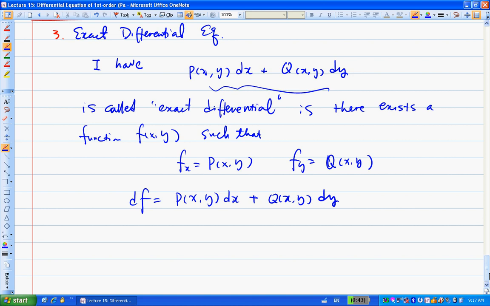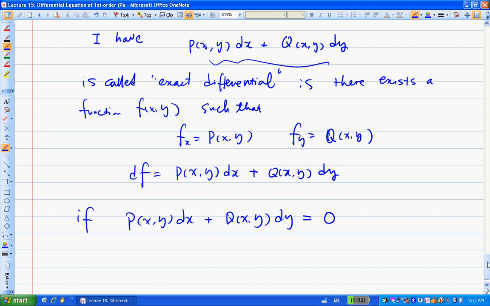So I'm going to skip examples. Now, in certain cases, we'll make it into a differential equation. If I have this guy equal to 0, the expression equal to 0, that's an equation, first of all. It doesn't look like anything.